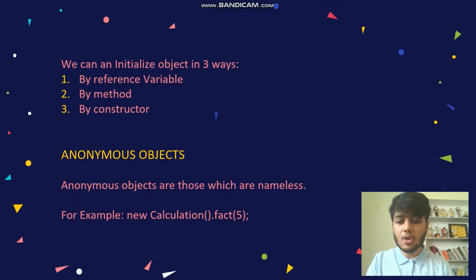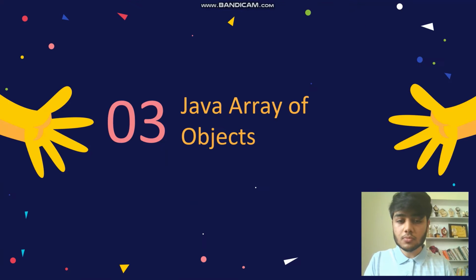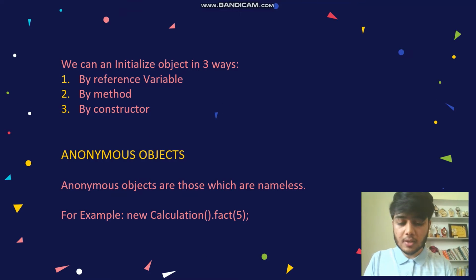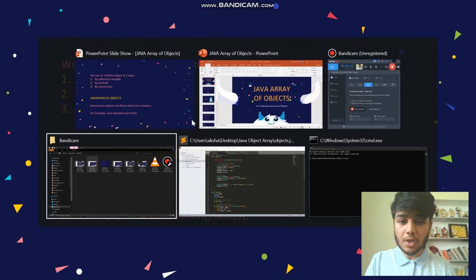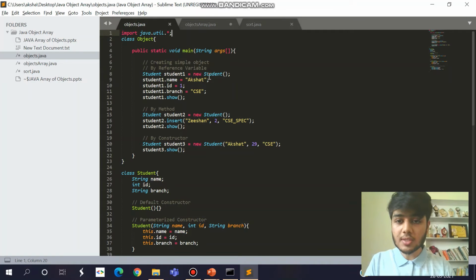For example, if I want to calculate the factorial of 5, I'll just do new Calculation dot factorial 5, which is a function in the Calculation class. In this way, I don't have to assign it to a variable. So now we'll see how to create objects in Java.